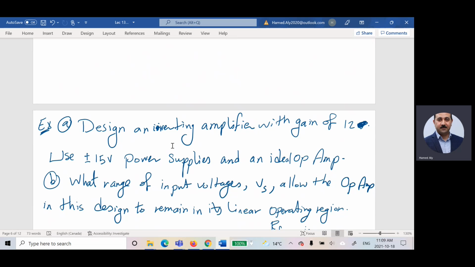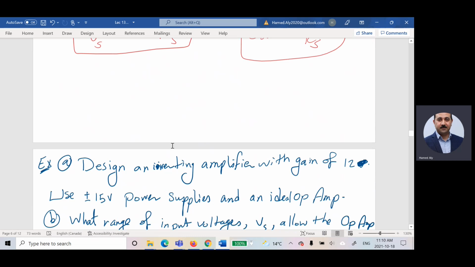Actually, if this is a design problem, I have to have some resistors in my lab, because I'm designing it in my lab. So what are the available values for the resistor? You will see what is available in your lab. Do you have 1 kilo, 2 kilo, 15 kilo, 3 kilo, what do you have?